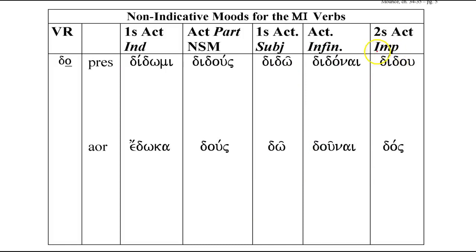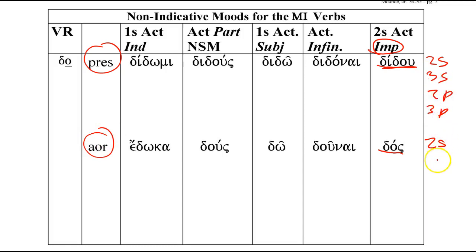And lastly, for the imperative forms, you have didou for the second person singular and dos for the second person singular here. These are the present imperative forms and the aorist imperative forms. But if I wanted to do third person singular, second person plural, third person plural, it'll have the same suffix endings as luo. So you have didou, which is give, and then let him give would be didotō.